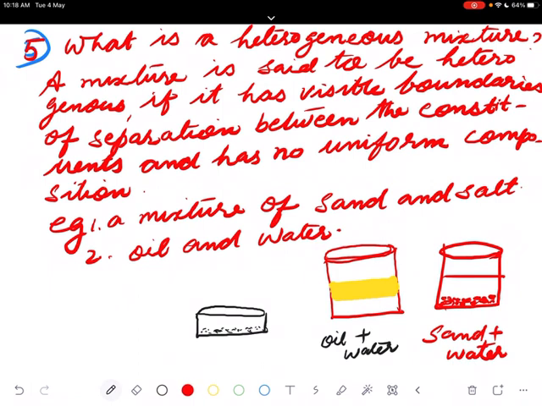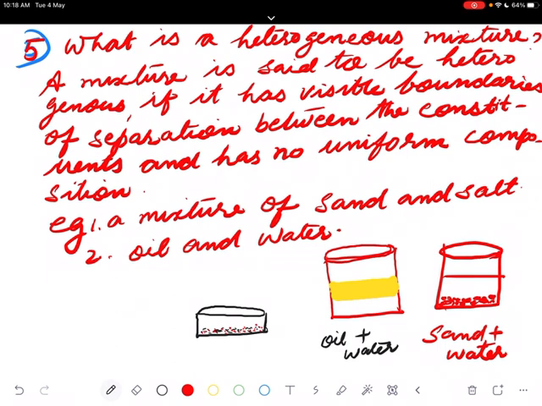Carbon particles and maybe some sand particles: here again solid phase, same phase, but this is a heterogeneous mixture. So in a heterogeneous mixture, maybe same phase, maybe different phases. But in a homogeneous mixture, same phase.